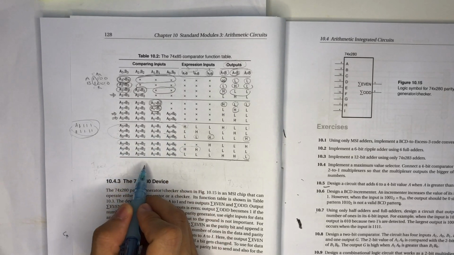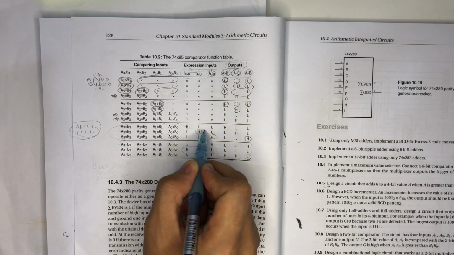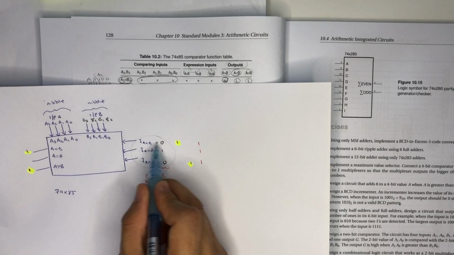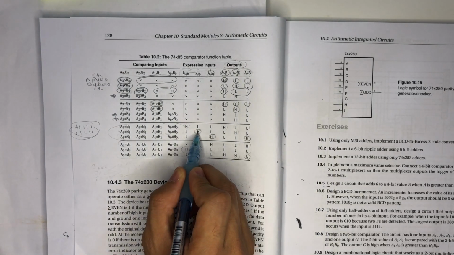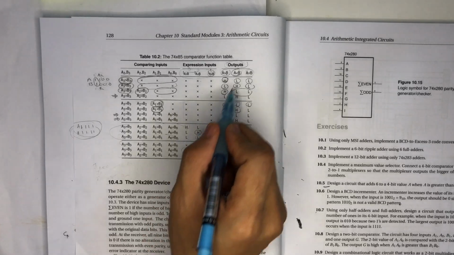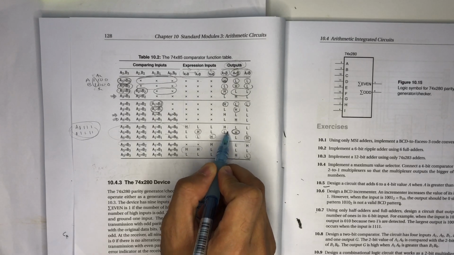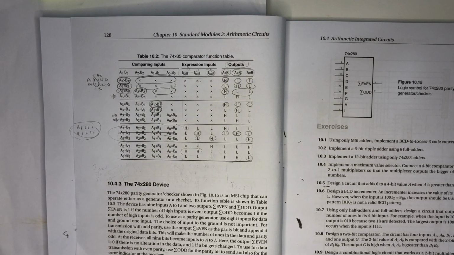What if we have IA<B set to high? Then your corresponding output A less than B will always be set to high and the others will be low, regardless of whatever input combination you have.